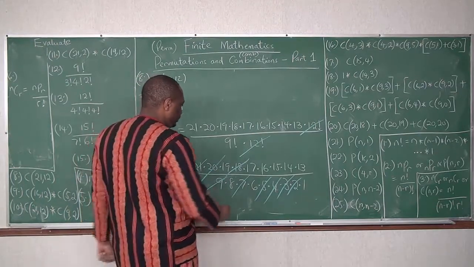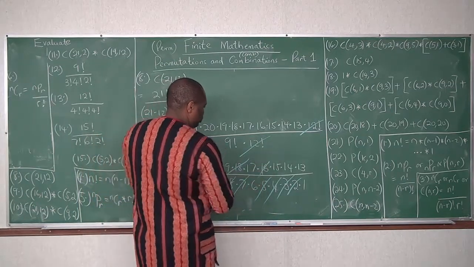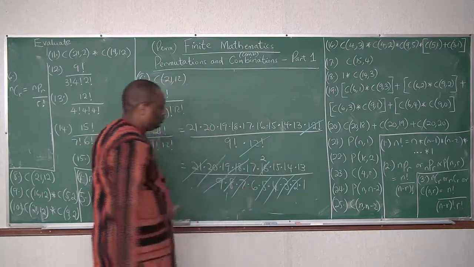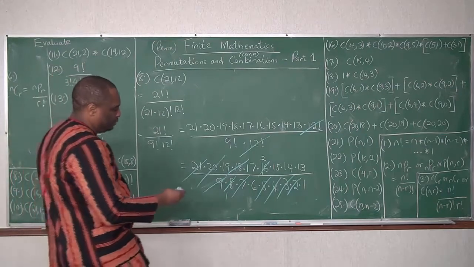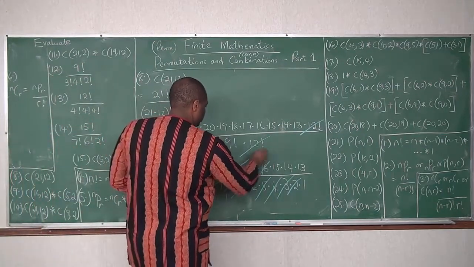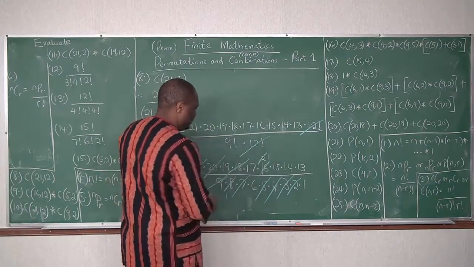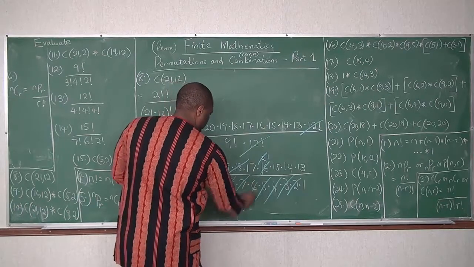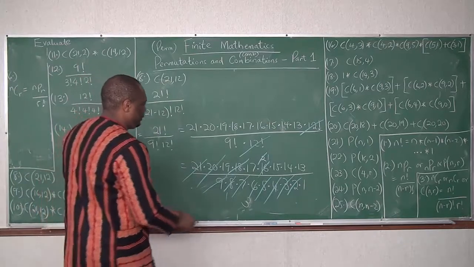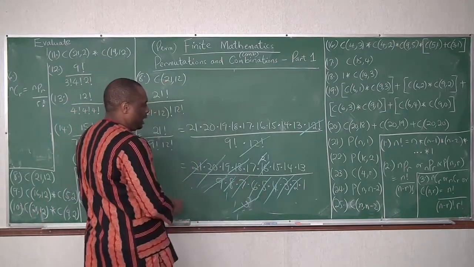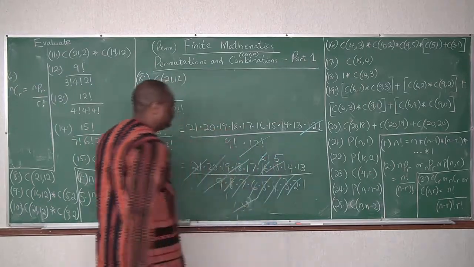We can do 8 into 8 is 1, 8 into 16 is 2, and then we can also have 2 into 2 is 1, then 2 into 6 is 3, then 3 into 3 is 1, and 3 into 15 is 5.